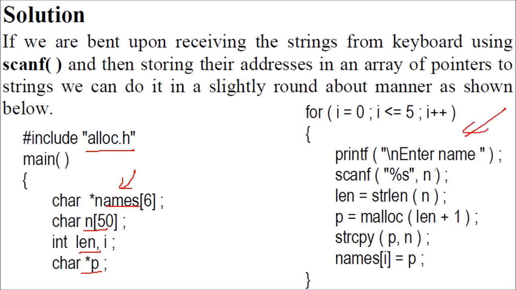Every time, in this n, we have a character array. We'll take the name with %s, and find the string length of whatever is entered. Using this length, we use malloc, which is memory allocation. We are dynamically allocating memory of length plus one size, and now we copy the content of n to p, and then we assign this p to name[i]. This is possible, and then you can just print.